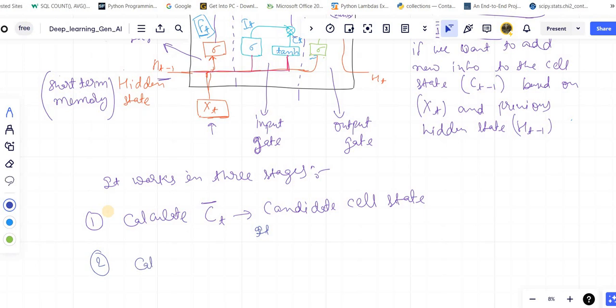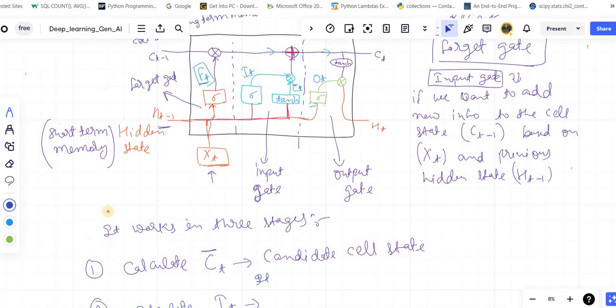Now we need to calculate It. So It is this one, this input gate at time t value. This is also the combination of the current input with the previous hidden state, but here the neural network is sigmoid.